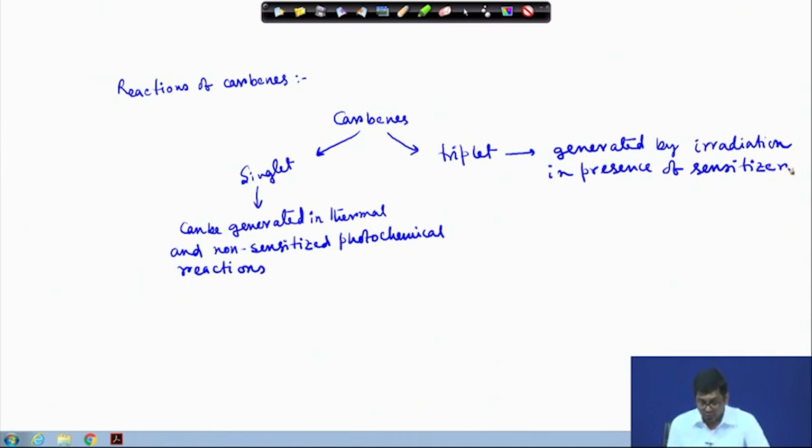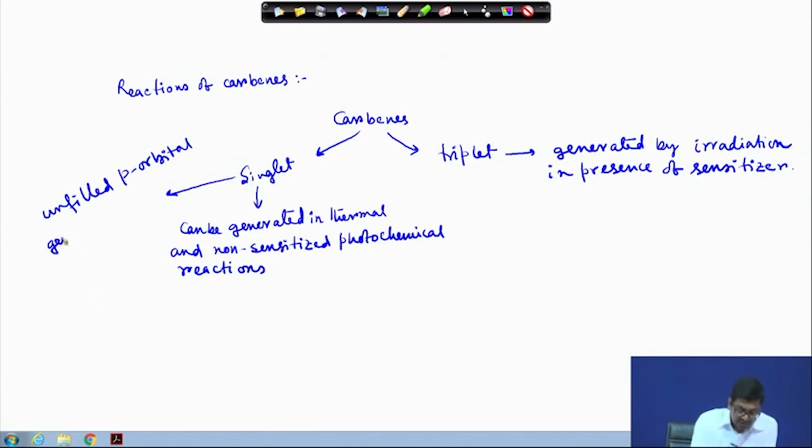Fine. So, once we can generate these carbenes, they can do various types of reactions. How will they react? In principle, singlet carbenes have an unfilled p orbital. If it has an unfilled p orbital, it can definitely accept electrons, so in general they react in an electrophilic manner.